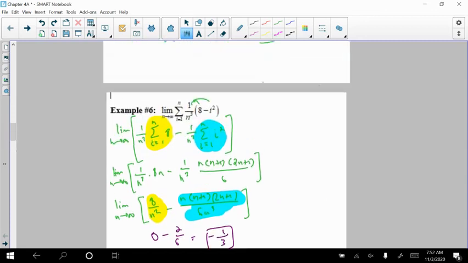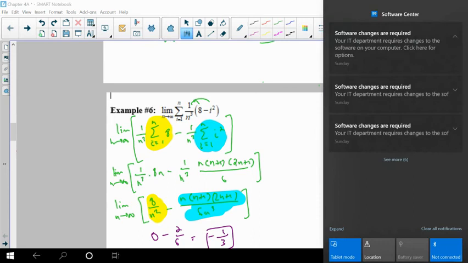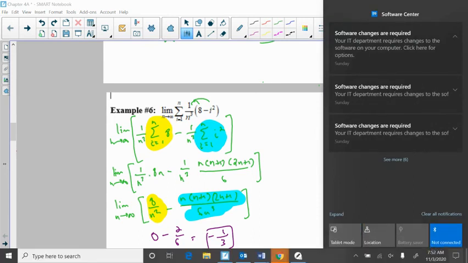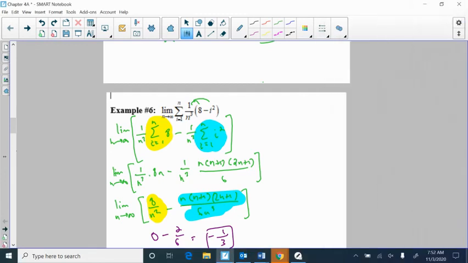In the next video, we're going to use this as a strategy to add up an infinite number of rectangles. That's kind of our goal here. Okay, very good. Like I said, if this makes sense, awesome. If not, maybe we'll go back and look at a few of those examples again.